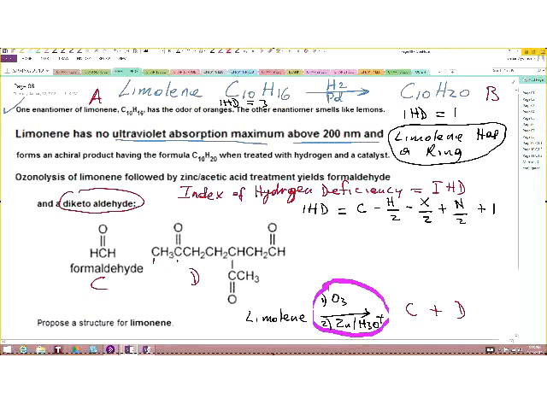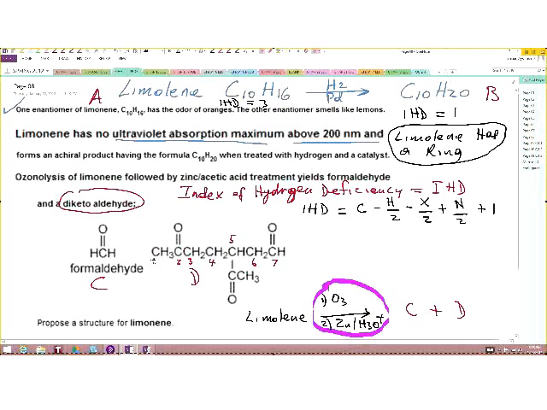Okay, we say this is carbon 1, 2, 3, 4, 5, 6, and 7.